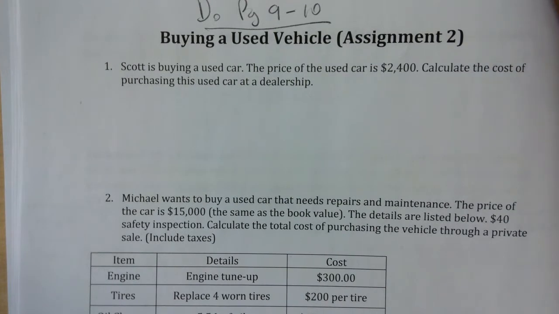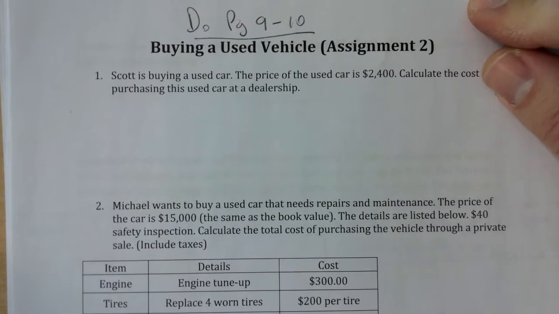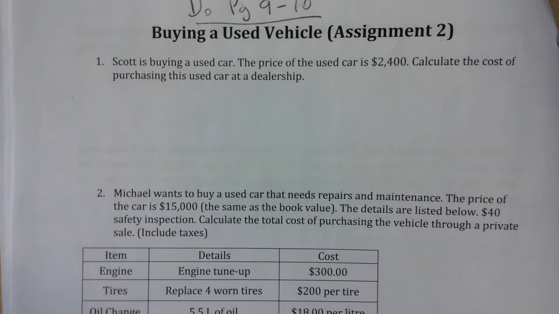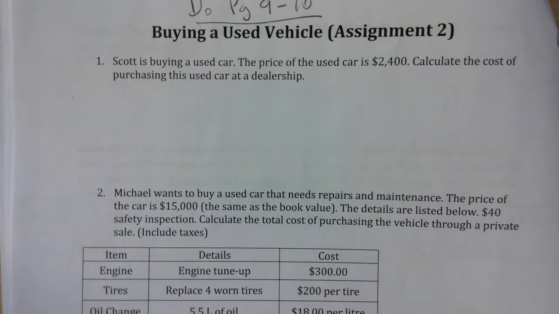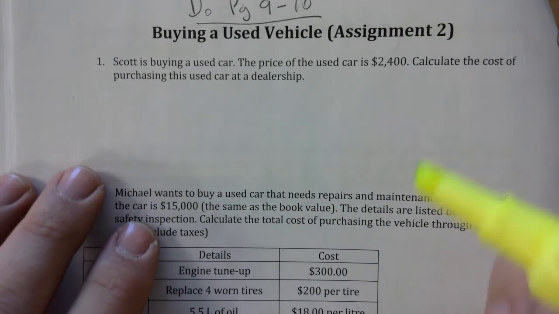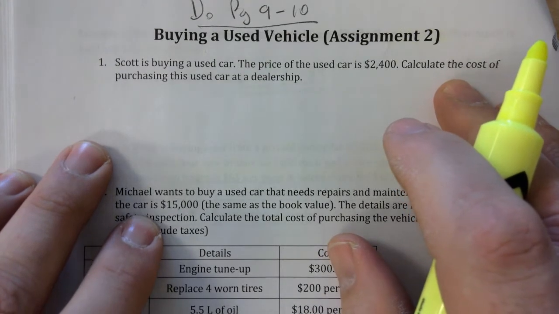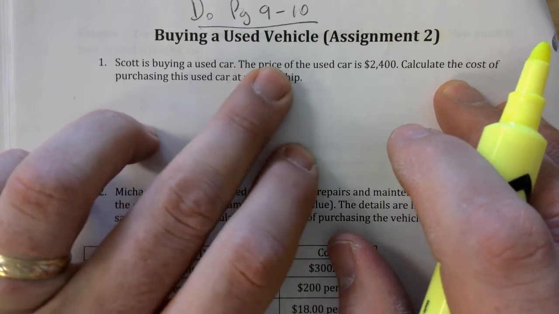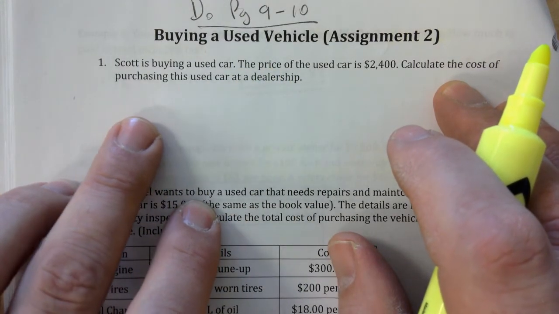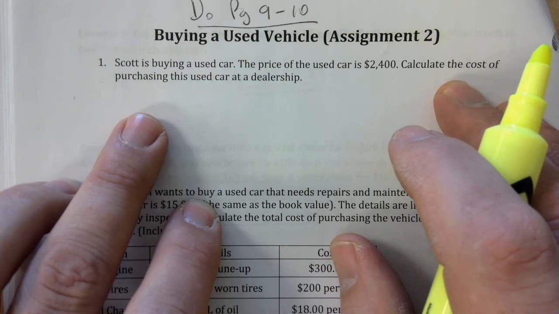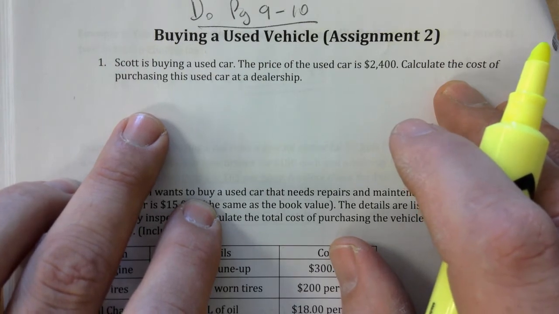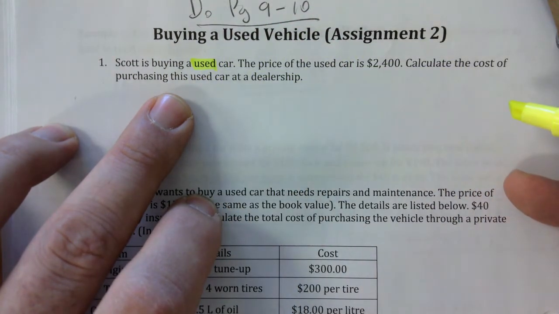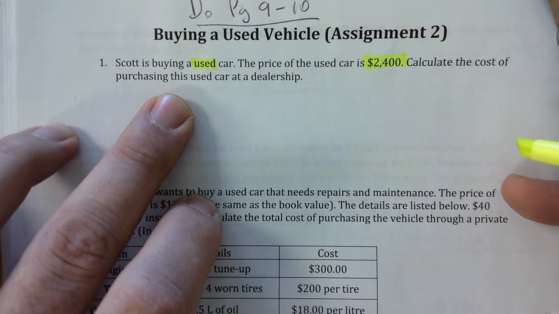Okay, so if you go back to question 1, I'm going to start going over these questions. So see how you did. Again, we covered buying new, and now we're in the used vehicle section. When it's used, you have to ask, is it private or is it a dealership that you're buying from? So Scott is buying a used car, and it's worth $2,400.